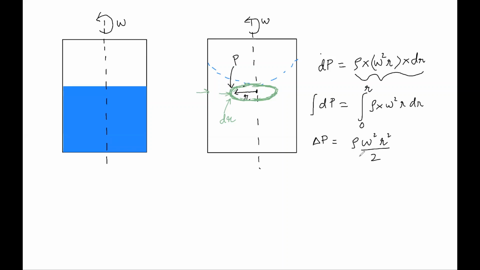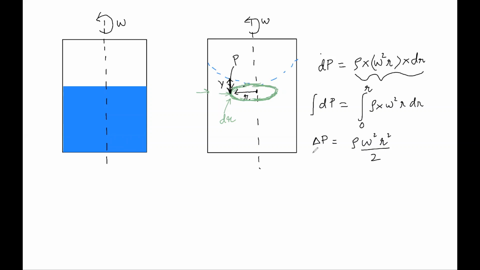Now further, what we have done in the previous video, in the same way, this pressure difference can now be equated to the pressure difference in the vertical direction. That is, at this radial point r, let us say this is the y height of the profile. That is the profile created at the surface of the fluid, at a height y.